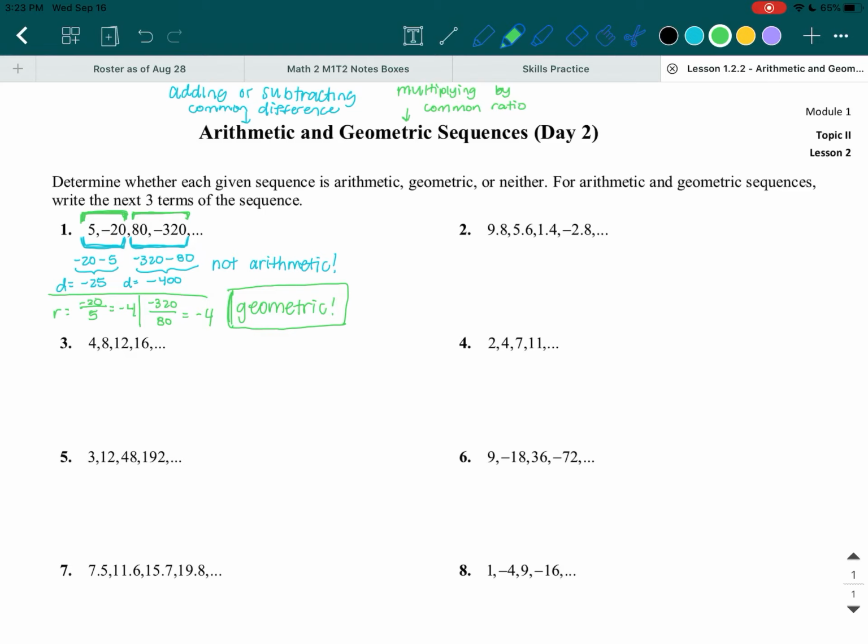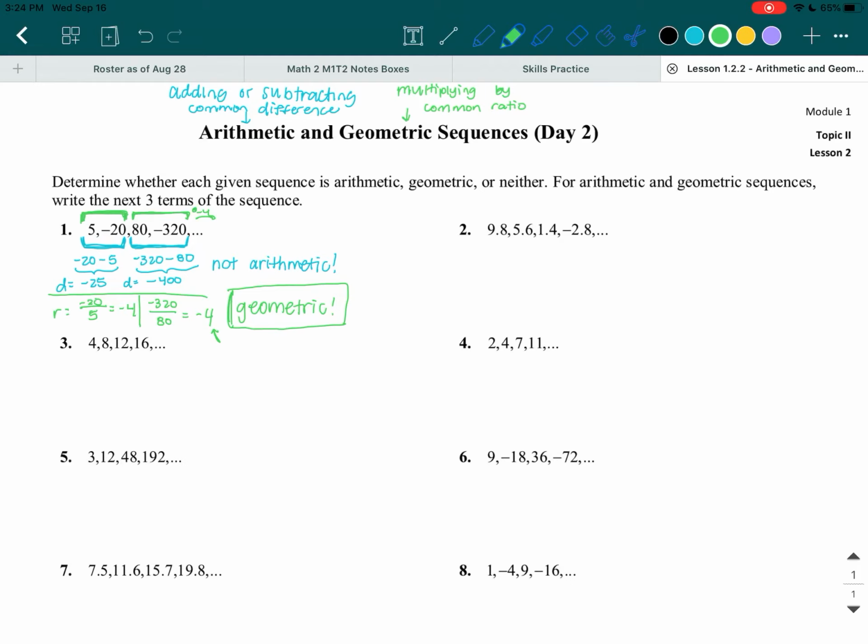Okay, so now that we found out that this is a geometric sequence, we need to write the next 3 terms of the sequence. So in order to write the next 3 terms, we know that we are multiplying, because this is geometric, by -4. So negative 320 was our last term. We need to multiply by -4. And then you can use a calculator if you don't know.